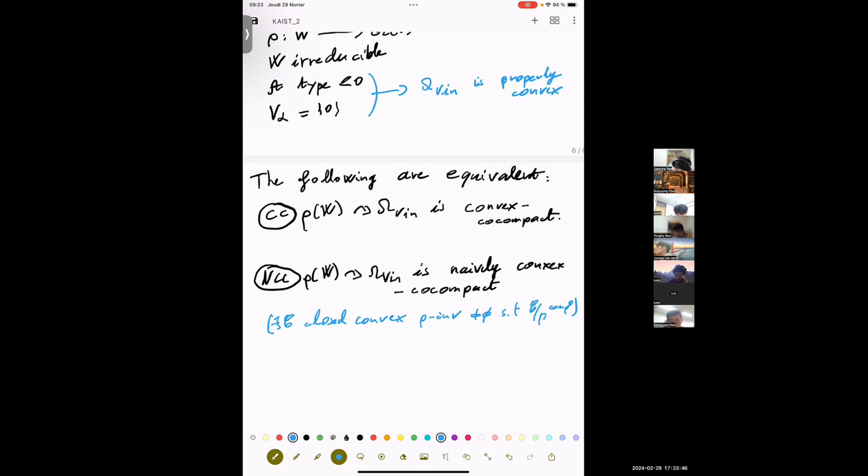And without the naively, it's a bit more involved. So you need to take C very big. Big means that it contains the convex hull of the full orbital limit set, where the full orbital limit set is the union of all the accumulation points you can find on the boundary.